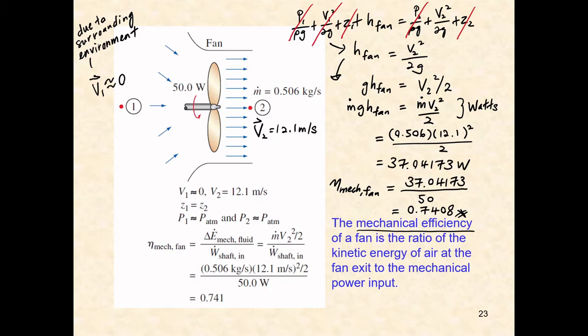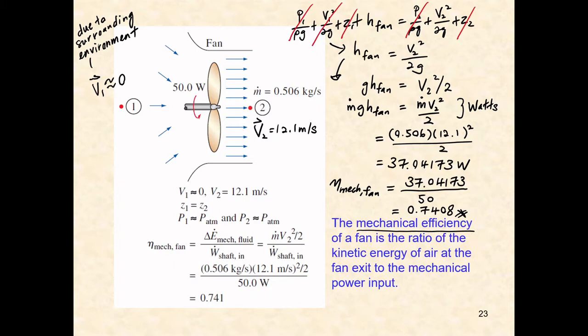The fan is used to force air to pass through a certain area. The fan provides 50 watts of energy through the shaft, and we want to know how much energy is actually given to the fluid.